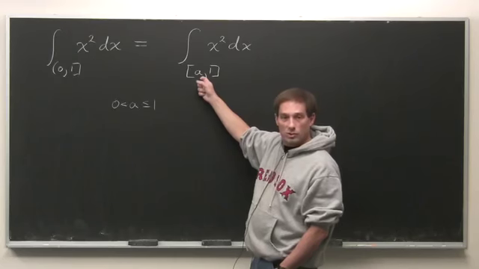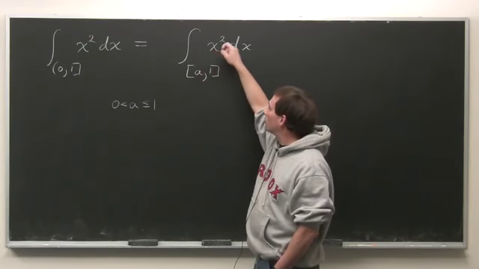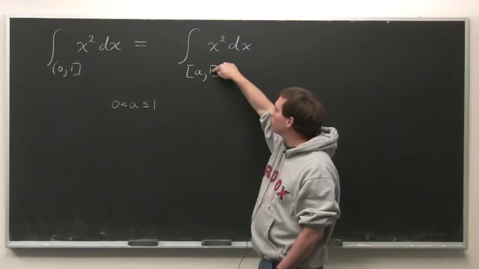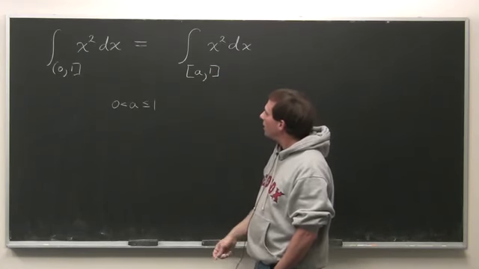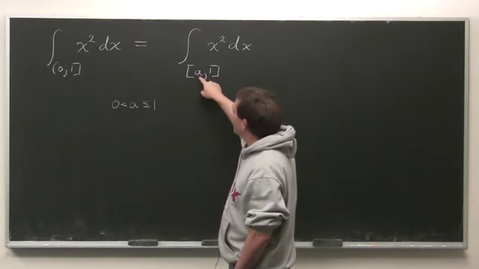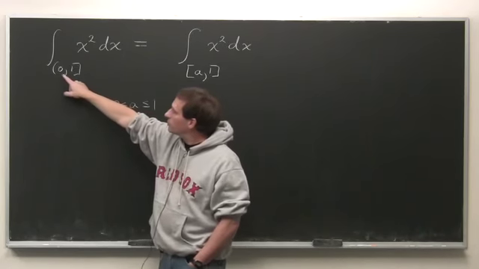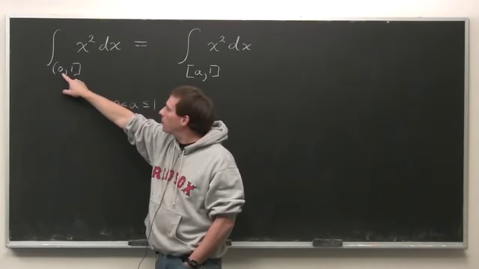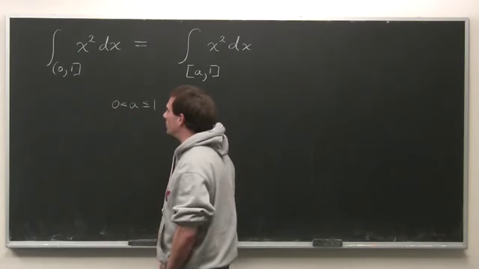So this is just a Riemann integral. It's the integral of a continuous function on a closed interval. No problem. And then we could take the limit as a approaches 0 through values that are in this half-open interval, which would mean a is greater than 0.